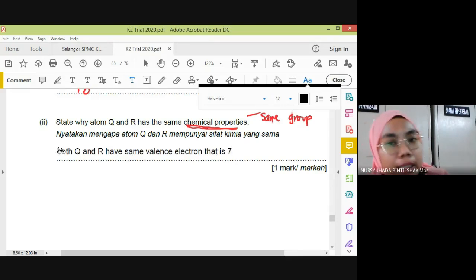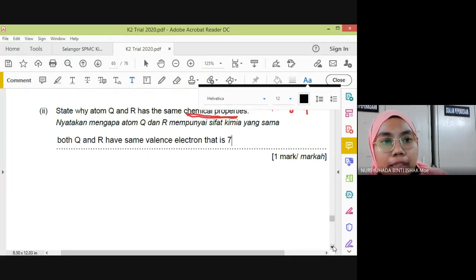Kalau kamu cakap same group, masih lagi tak tepat. Same group sebab apa? Sebab dia berada di group 17, sebab dia ada same valence electron. Okay, boleh jangan tulis lepas ni same group. Kena tulis valence electron dia. Okay, next question.